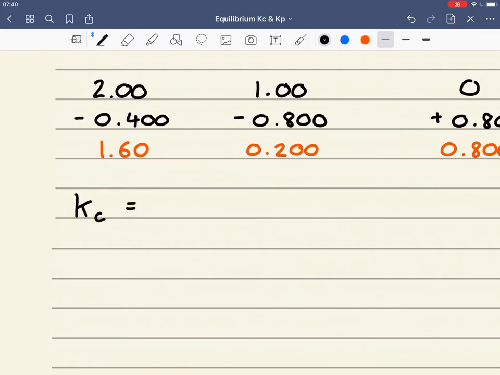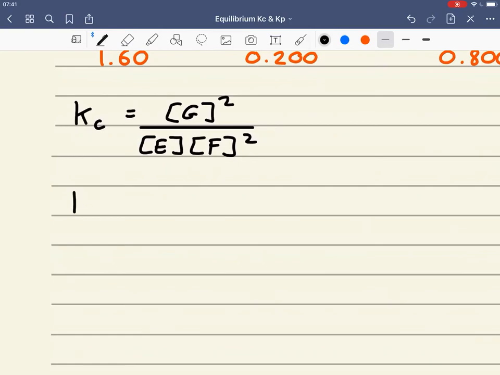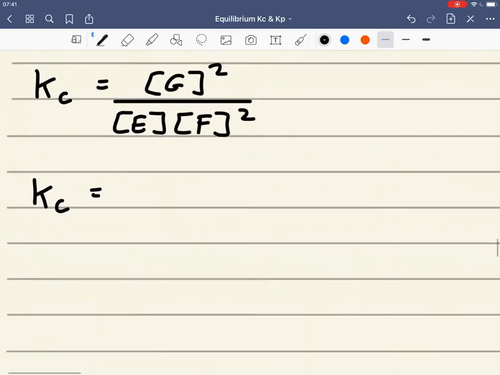And Kc is concentration of G squared divided by my concentration of E times the concentration of F squared. So again, it's now time to populate my expression. So Kc equals the number of moles of G is 0.8.